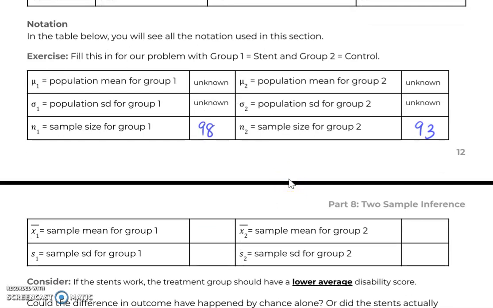Our sample mean is 2.26 for our stent group, and it is 3.23 for the control group. Our sample standard deviation is 1.78 for each group.